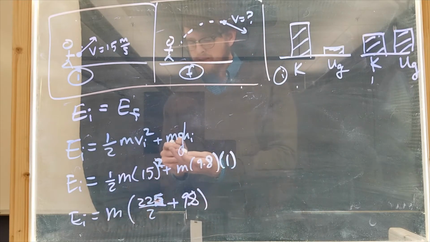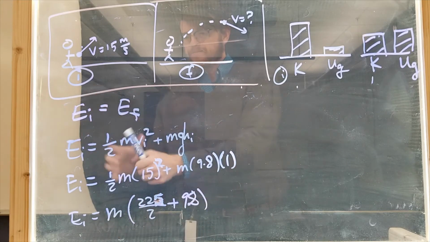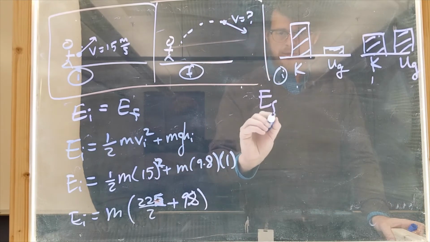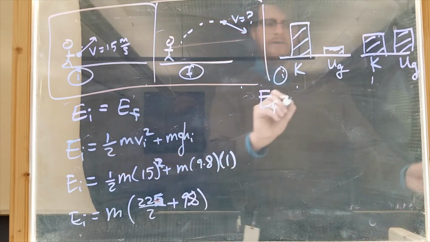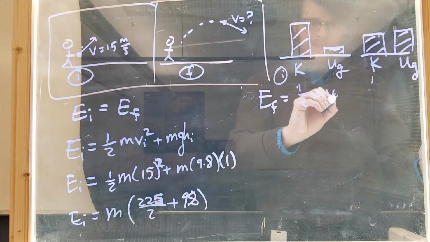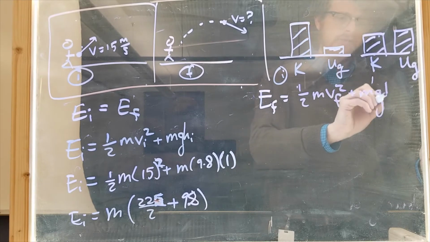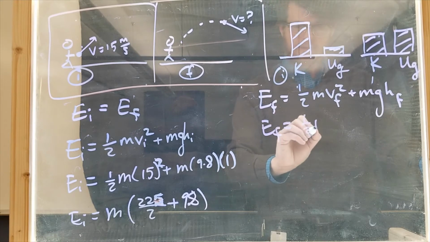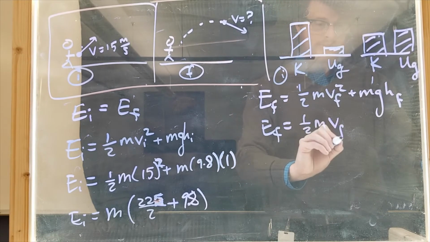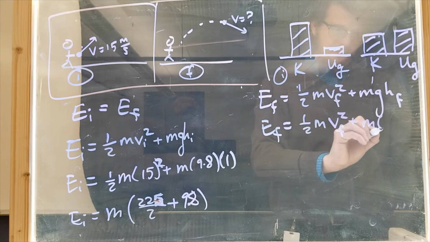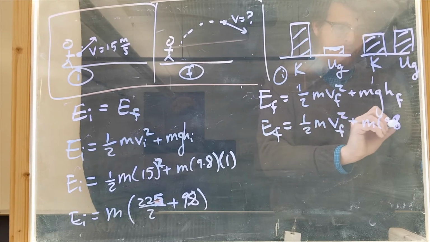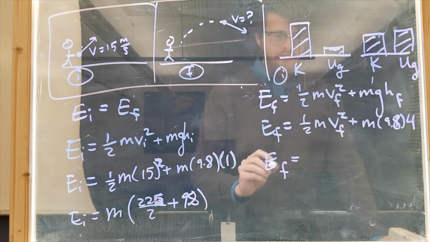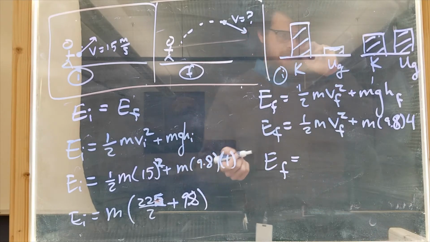At some point, I'm probably going to take this and plug it in on the left-hand side of this equation, but I haven't gotten there yet. Now I'm going to work on the E final side. E final is going to be the same thing, 1/2 m v final squared plus m g h final. So E final equals 1/2 m v final squared, where v final is what we're looking for, we don't know that, plus m times 9.8 times 4.